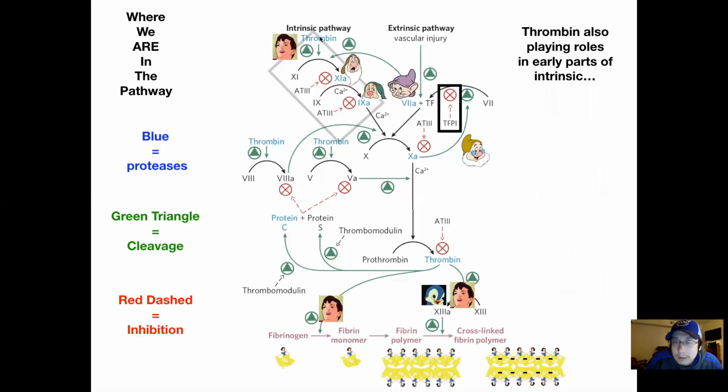So thrombin was also able to cleave grumpy. So there are 2 things that can cleave grumpy. Thrombin also plays roles in the earlier parts of the intrinsic pathway.